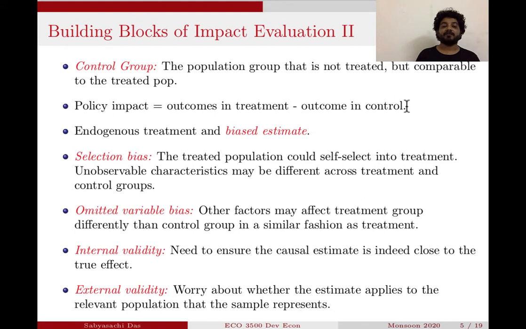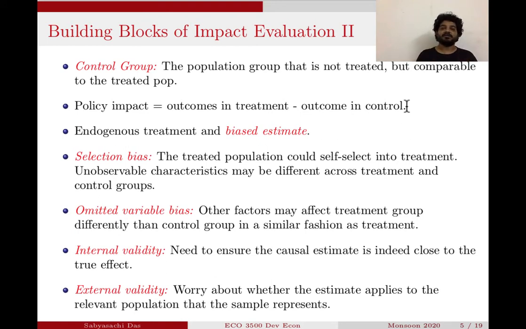Selection bias is where the treatment group, the people who are getting treated, self-select into the treatment. Okay, so suppose you want to see whether giving bank account access to farmers or poor people increases their savings, and what you do is open bank branches, convincing the state government to open bank branches in a previously unbanked area.